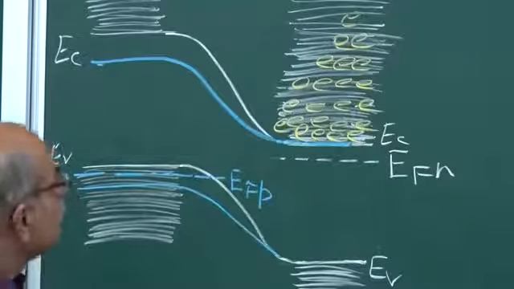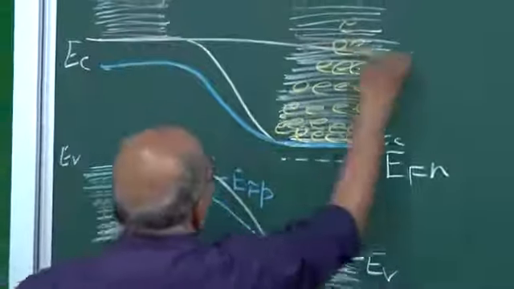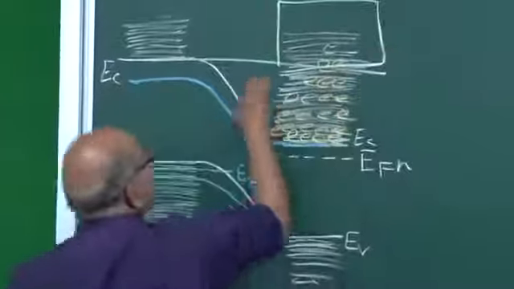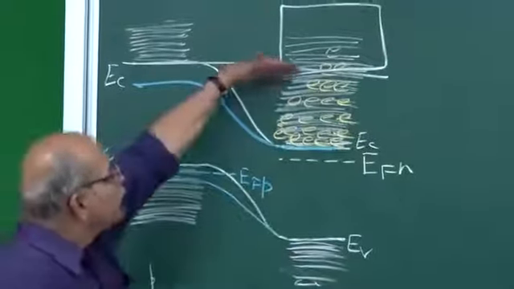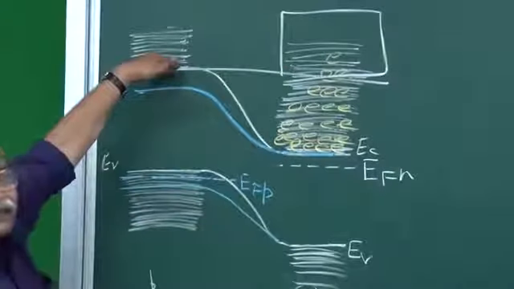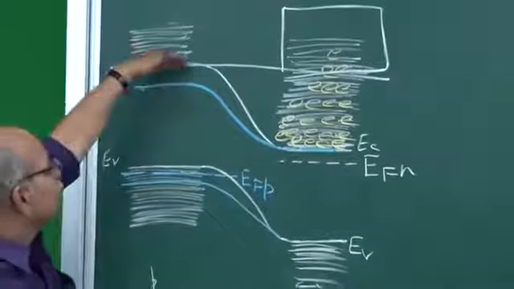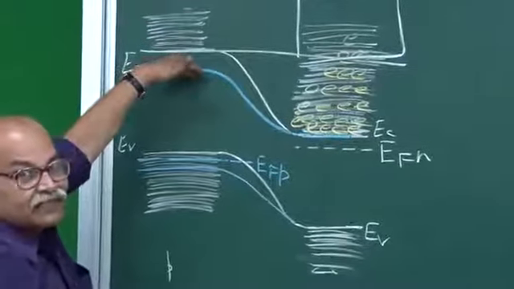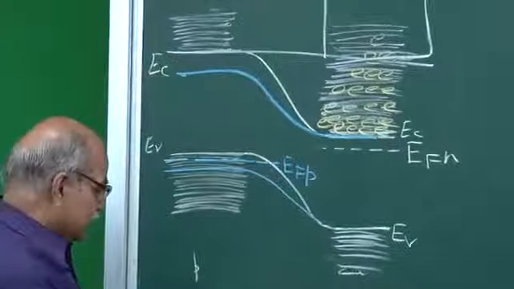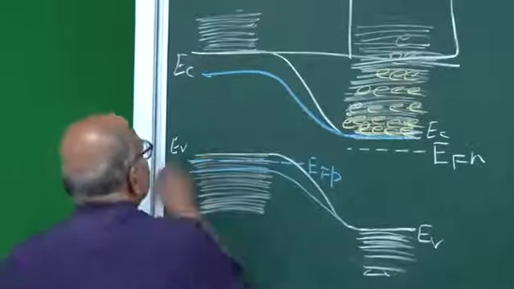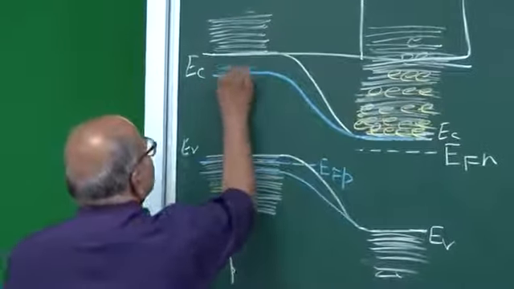Earlier, these electrons were able to diffuse, which had energies more than this energy EC there. But now the EC is shifted here. Now you have quantum states which start right from here.